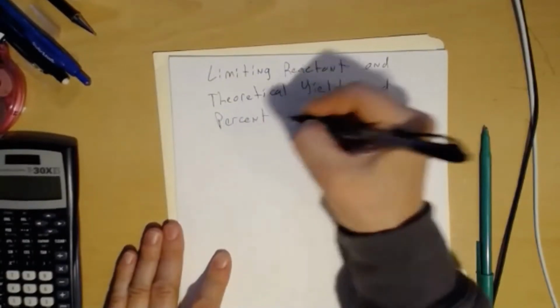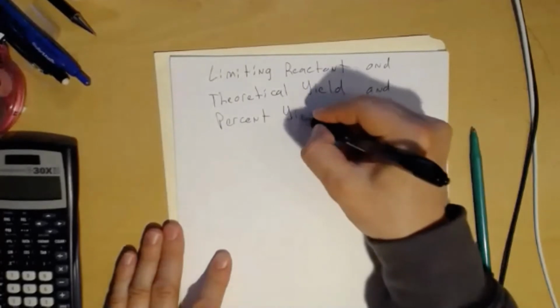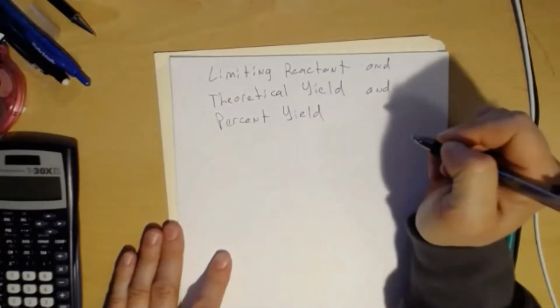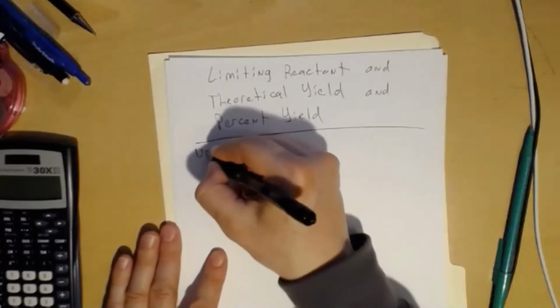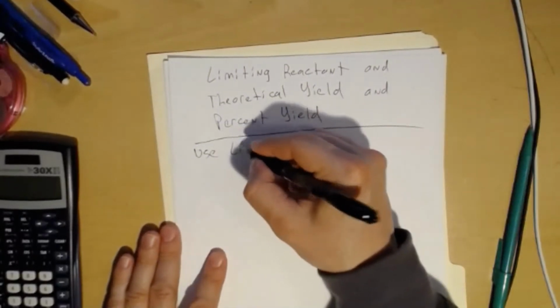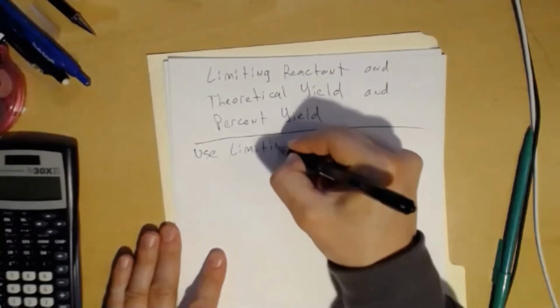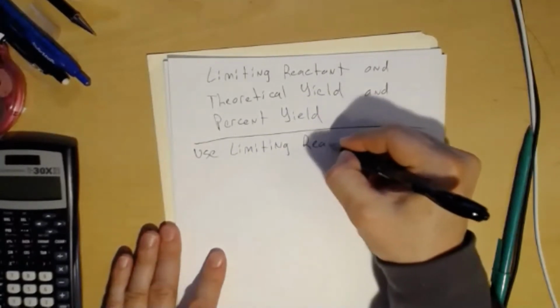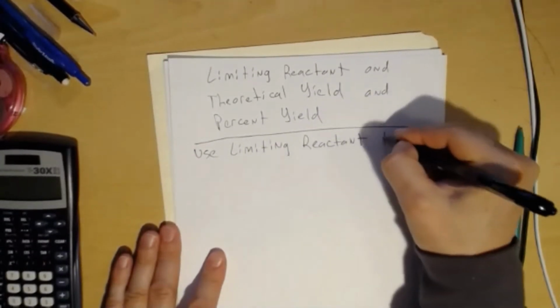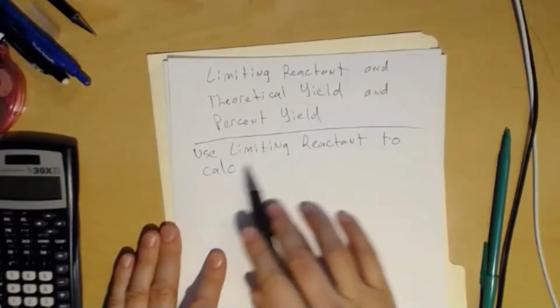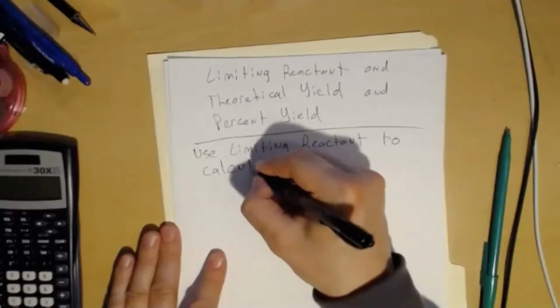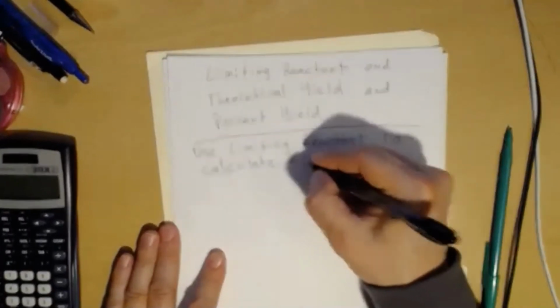I don't think that's on the worksheet, but we might as well talk about that as well. And so what I want to say is, you use the limiting reactant to calculate everything.